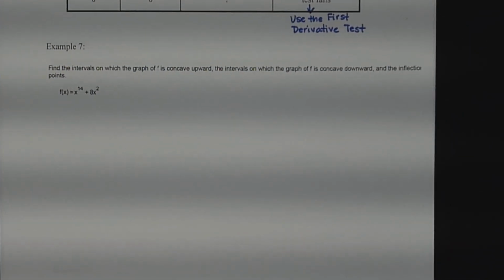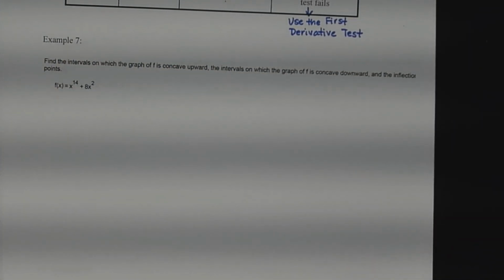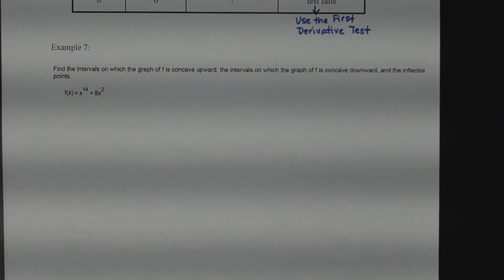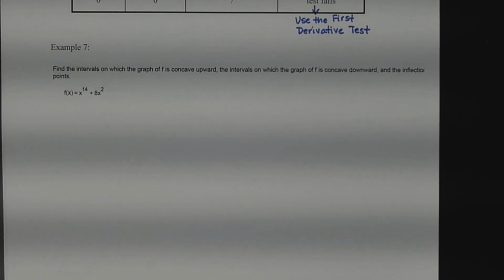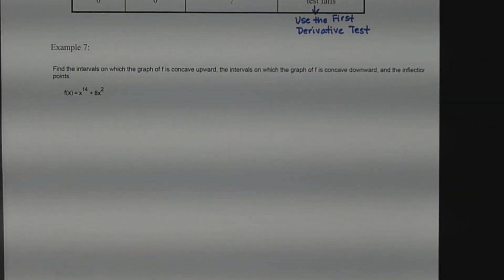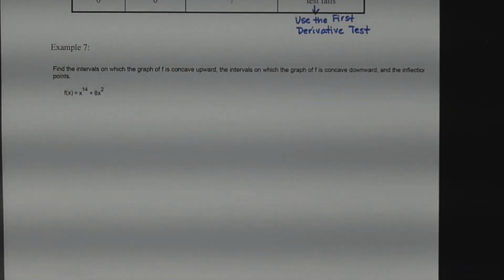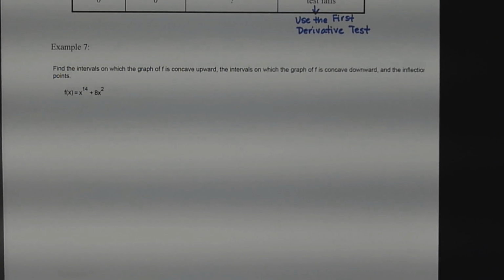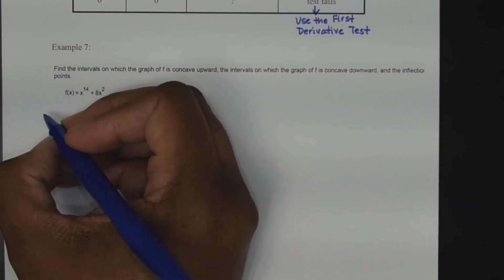All right, so example 7 says here, find the intervals on which the graph of f is concave upward, the intervals on which the graph is concave downward, and the inflection points. So here we have f of x equals x to the 14th plus 8x squared.